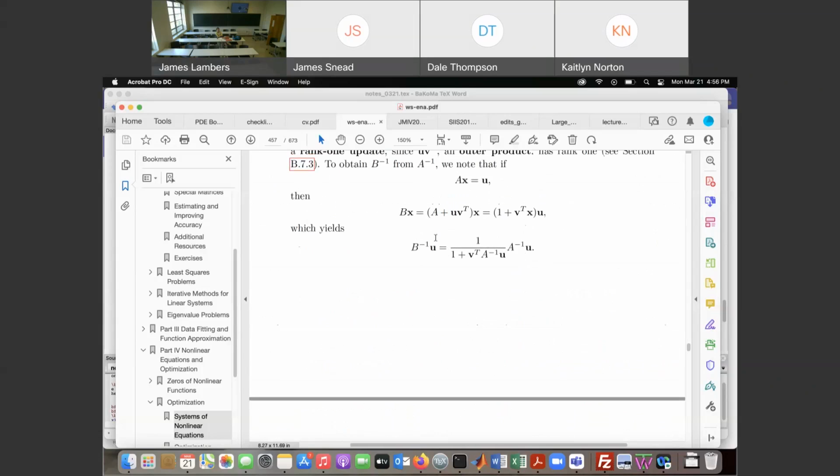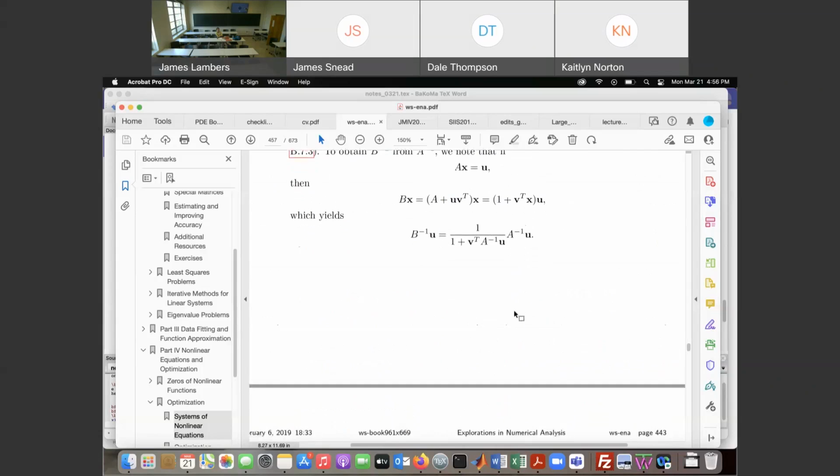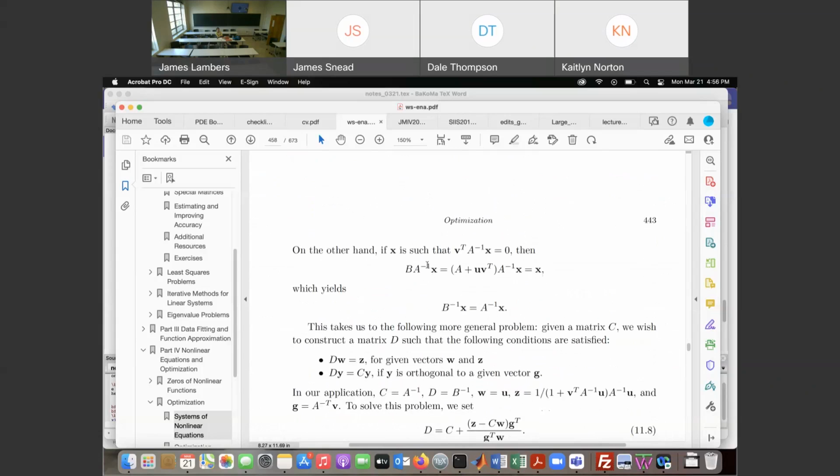Now, to recap, for this one direction, u, I know what B inverse does. I know what it produces. Now, for x that satisfies this, which is an n-1 dimensional space, the set of all vectors that are orthogonal to this vector, or its transpose really, I know that B inverse and A inverse behave the same.